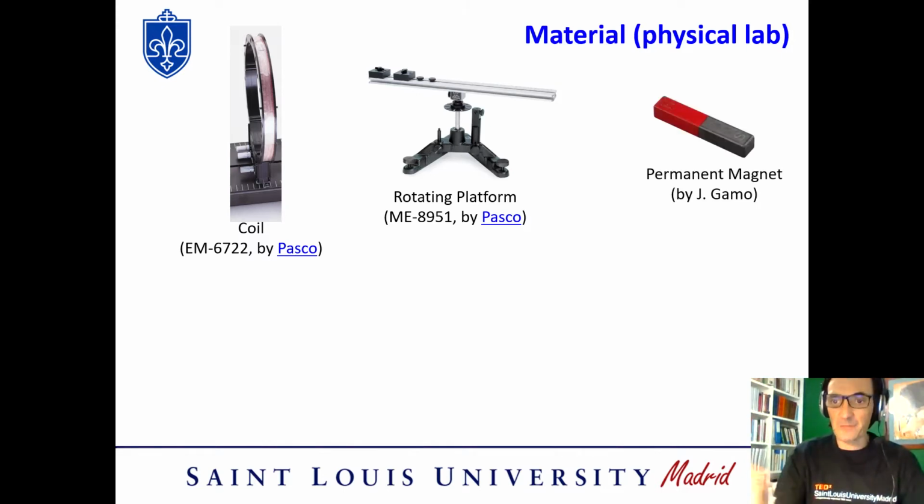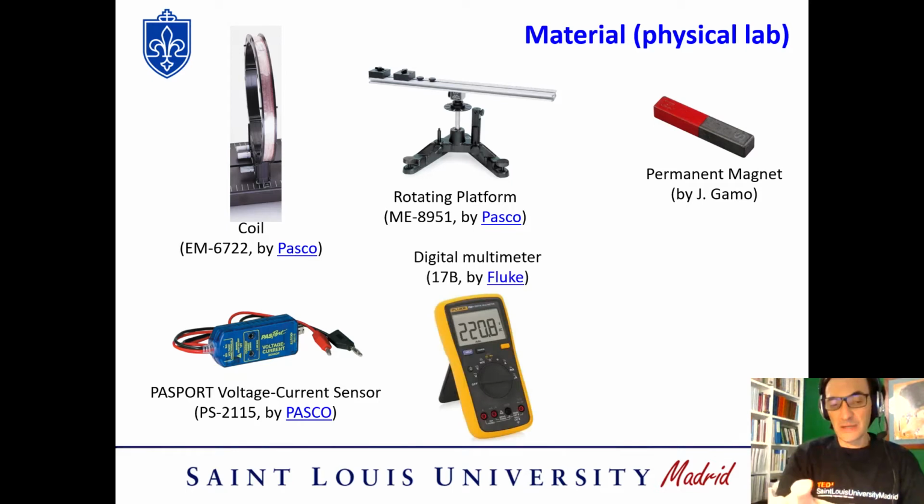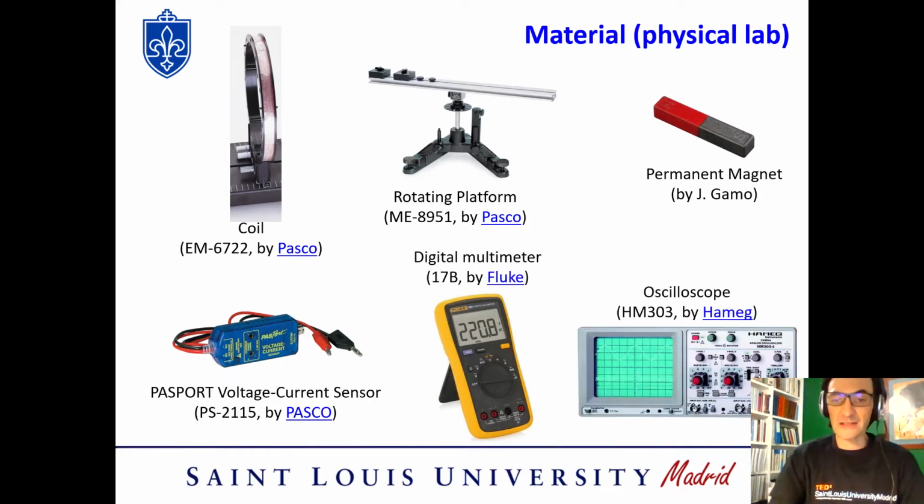We of course need a permanent magnet to create the field lines, and we need to check, using a voltage sensor again, the current and therefore the voltage induced on the coil when rotating this coil under the permanent magnet. We can have either a digital multimeter or, more interesting, a scope.